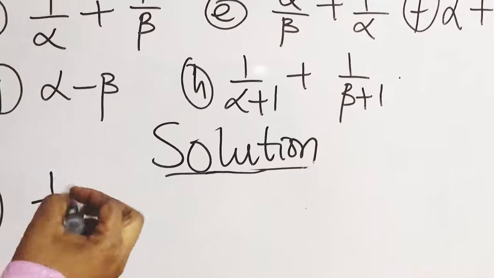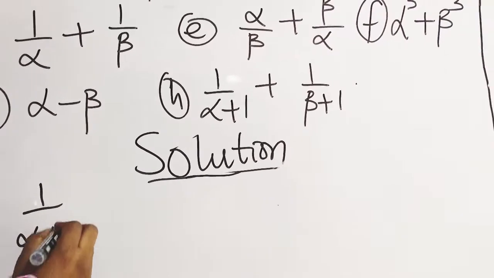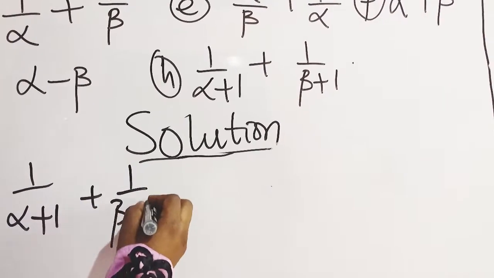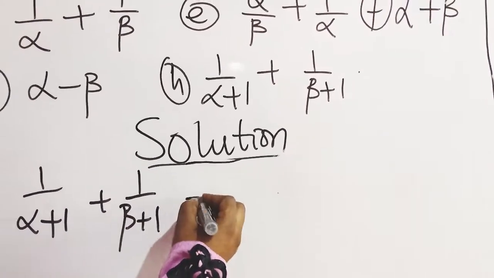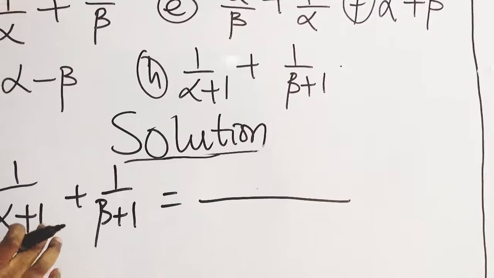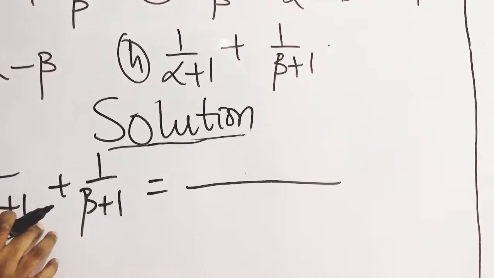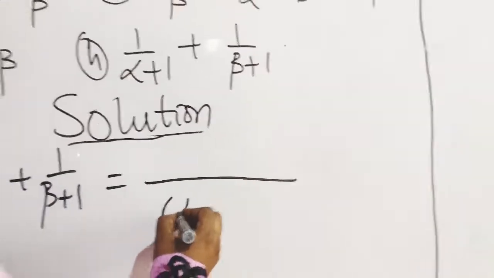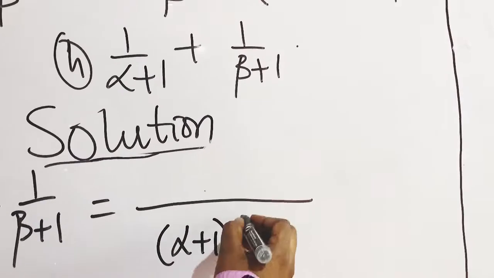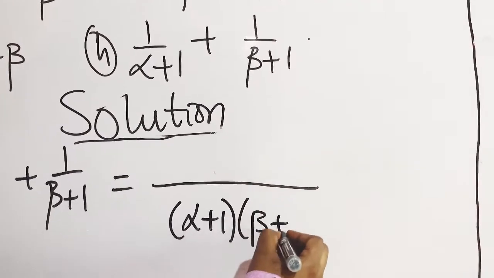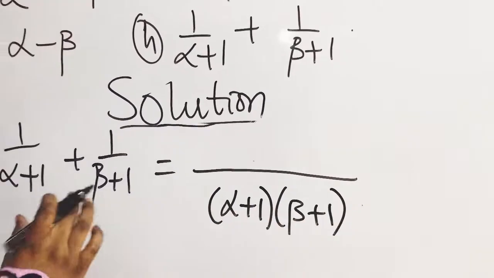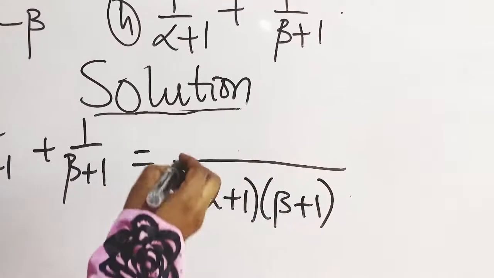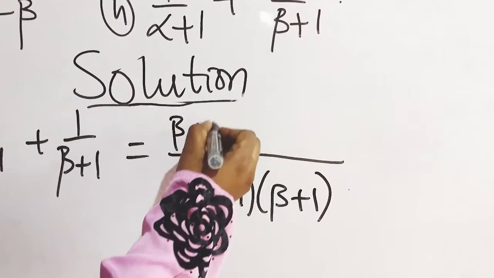1 over alpha plus 1 plus 1 over beta plus 1 can be simplified to be, so you find LCM of alpha plus 1 and beta plus 1, which will give us alpha plus 1 multiplied by beta plus 1. So alpha plus 1 in alpha plus 1, beta plus 1 will give us beta plus 1.